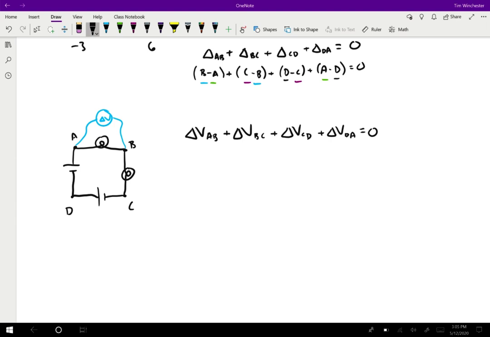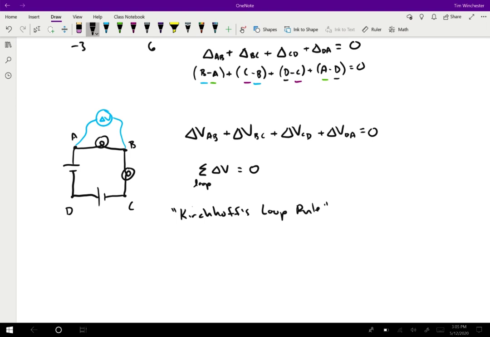Okay, so to write that out, if I take the sum of delta V's around a loop, then they add up to 0. Okay, so this rule has a name. This is called Kirchhoff's loop rule. Right, so previously we saw Kirchhoff's junction rule.